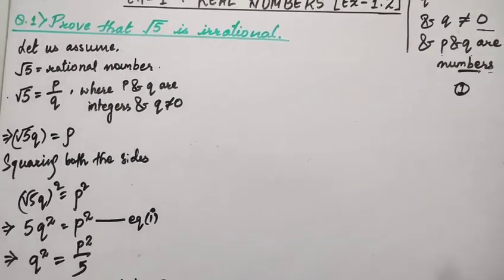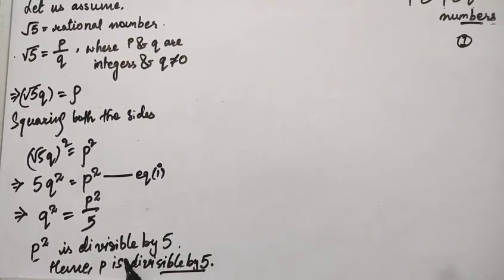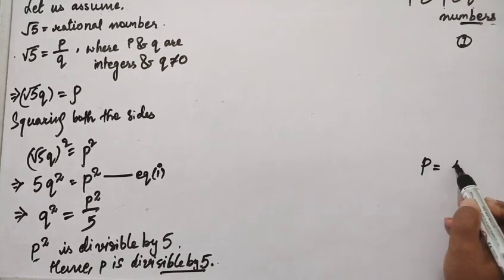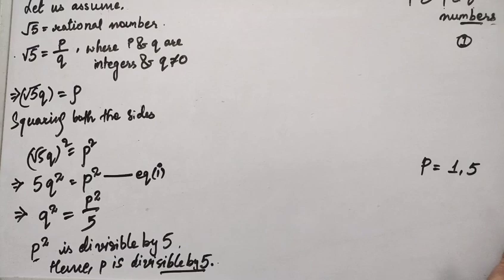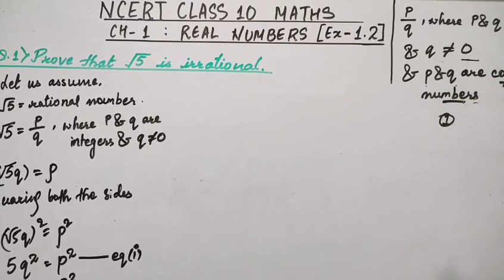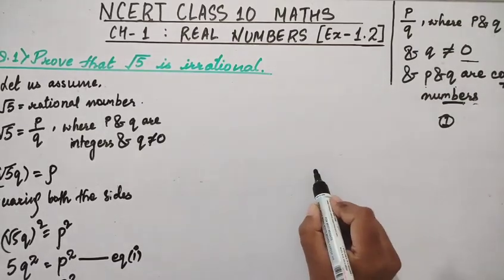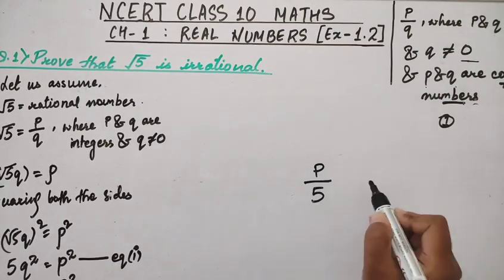Here what we have concluded is p is divisible by 5. That means p has 1 and 5 as its factors. Now since p is divisible by 5, 5 into something is p, right?